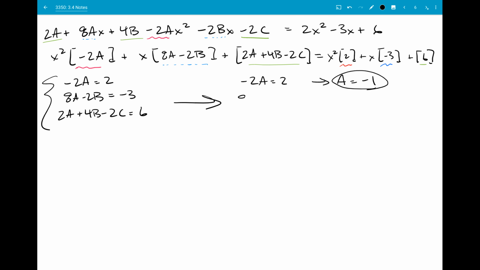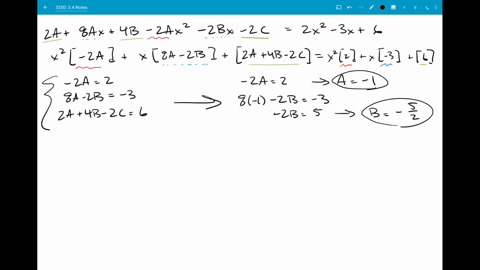If I want 8 times a, so 8 times minus 1, minus 2b to equal minus 3, then I want minus 2b equal to minus 3 plus 8. So that's going to be 5. So that's going to be that b is equal to minus 5 over 2. That's another thing.